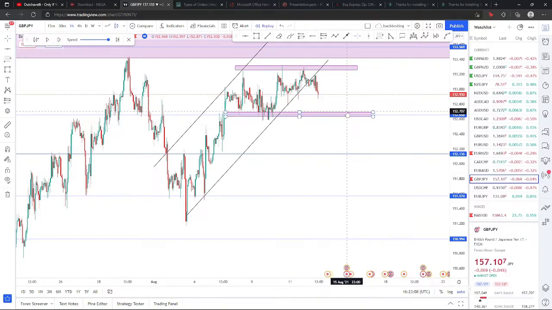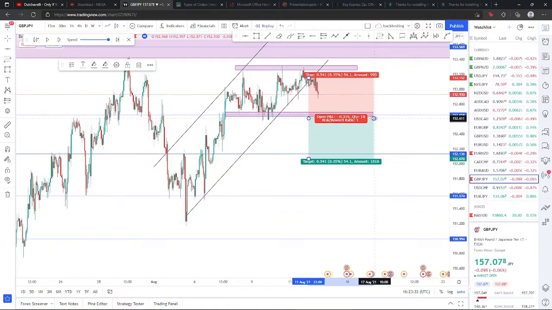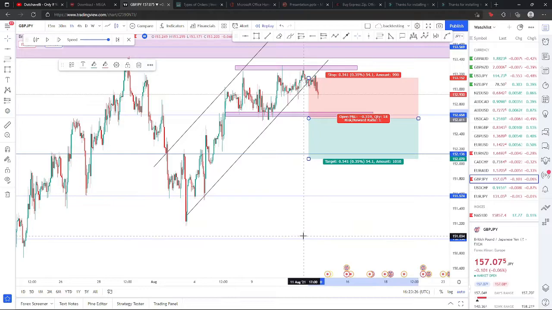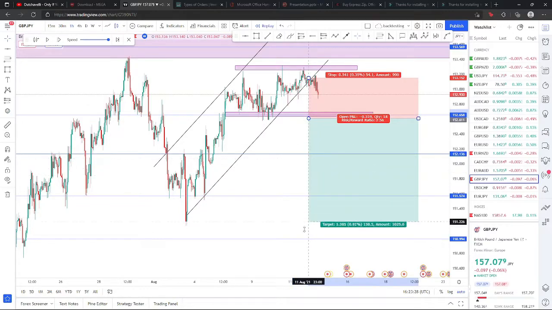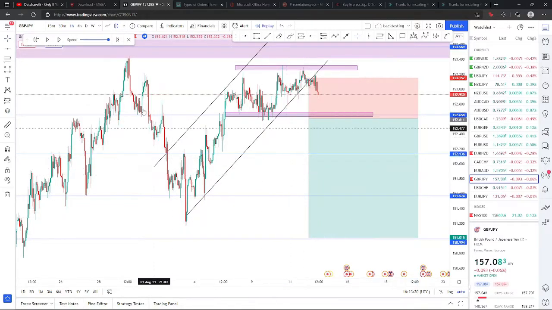Now for sell stops, basically what you want to do is make sure that your entry price level is below the current market price. So for example, for me, I'd say, okay, let me enter my sell stop at this level here. Once that's done, I'm going to wait for the market to reach that level, and once the market reaches that level, then my sell stop order is triggered.